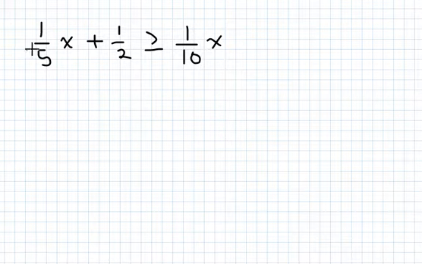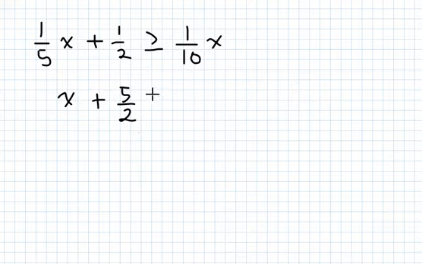So 5 times 1/5 is 1, so that's just left with x plus, and then this becomes 5/2 is greater than or equal to 5 times 1/10, which is going to be a half. Right, so I'd just be multiplying 5 times 1/10, and that gives me 1/2 x.